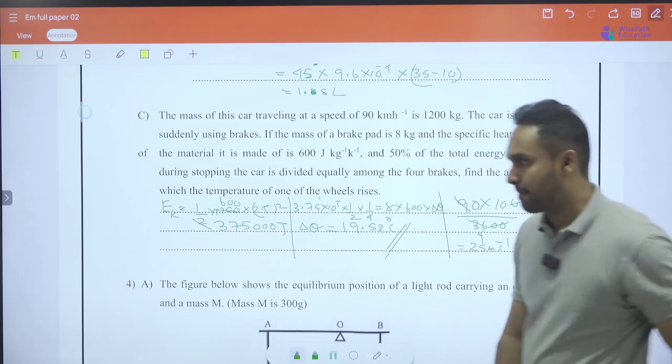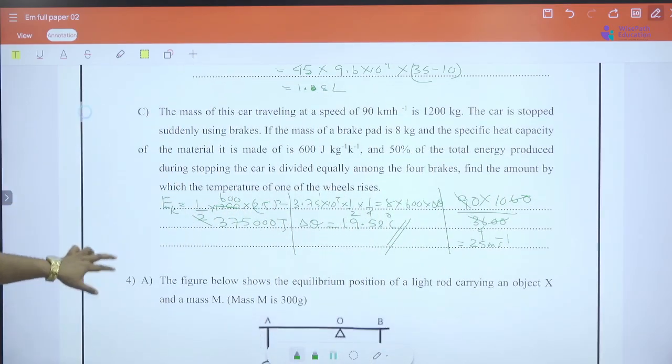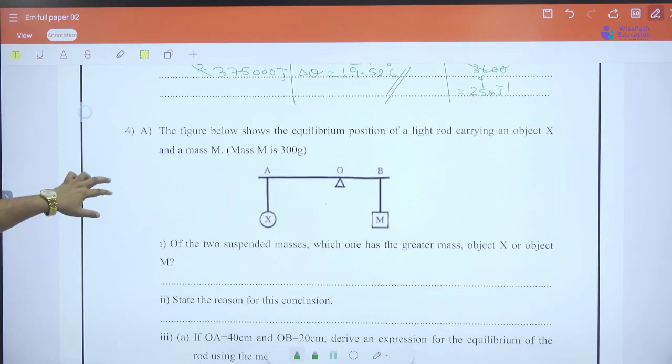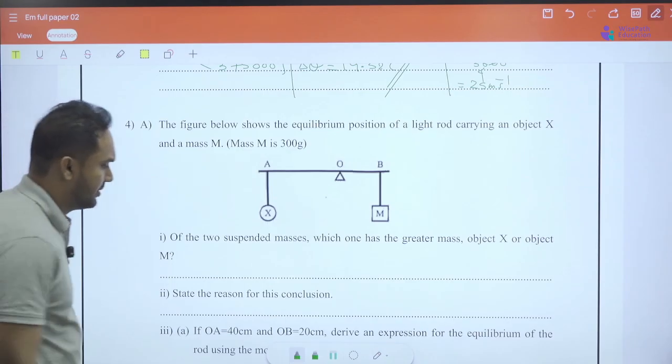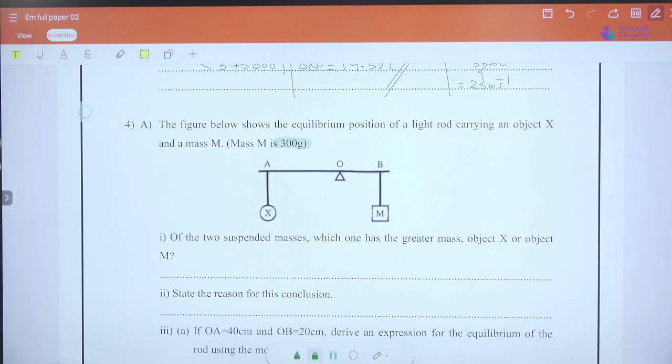Right. Next thing. The figure below shows the equilibrium position of a light rod carrying an object X and a mass M. M mass is 300. Of the two suspended masses, which one has the greatest mass? Object X or the object M?